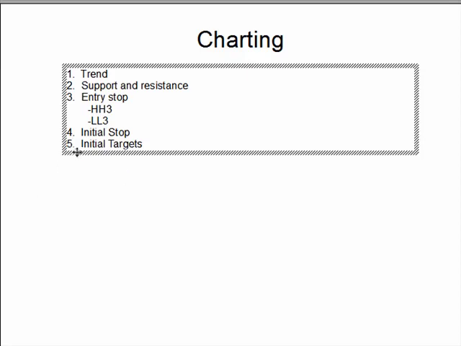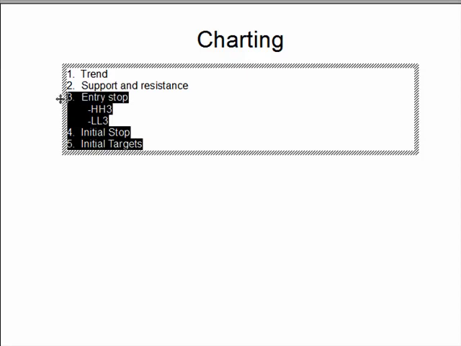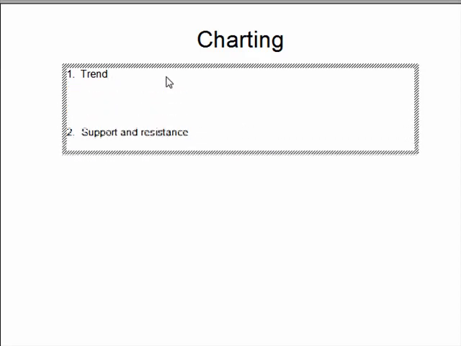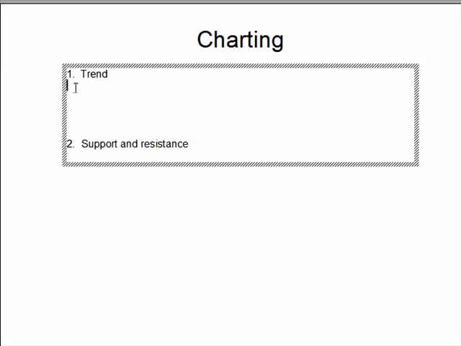Now, I want to talk just a little bit about these first two things today: trends and support and resistance. So there's a couple things that we want to look for in the trends.